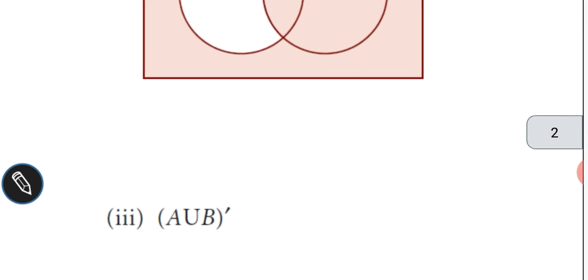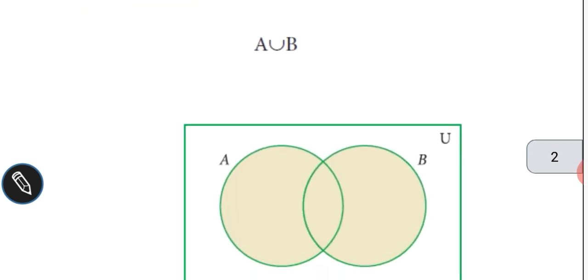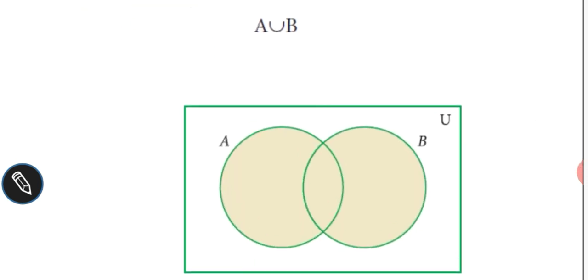Next we have to find A union B the whole complement. To find it, first we have to find A union B. A union B means the A circle and B circle as a whole have to be shaded.